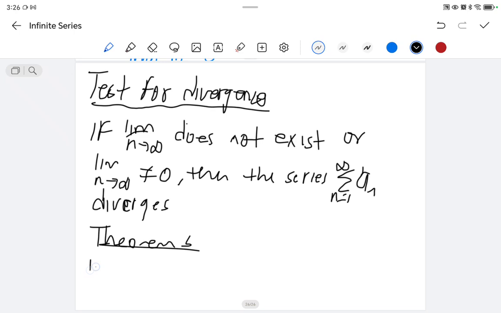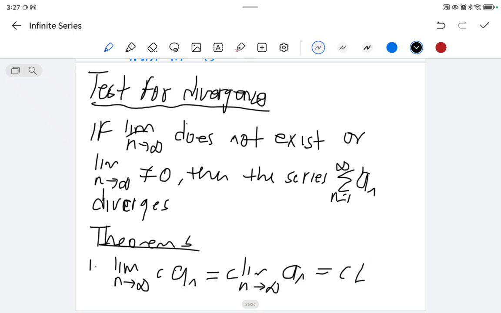The first theorem was that if you're given the limits of a of n and b of n, equal to L and M, then the limit as n approaches infinity of C a of n will be C times the limit as n approaches infinity of a of n, which we know is L. Then this will be CL.